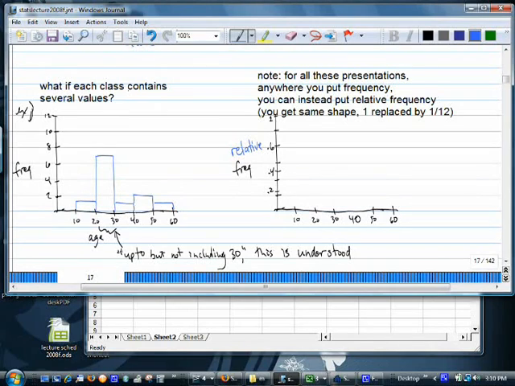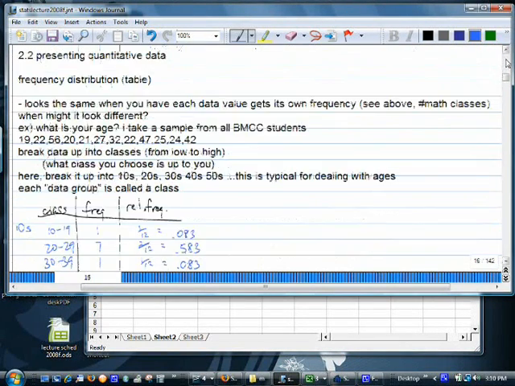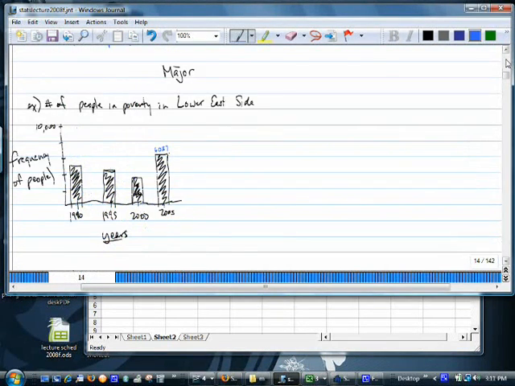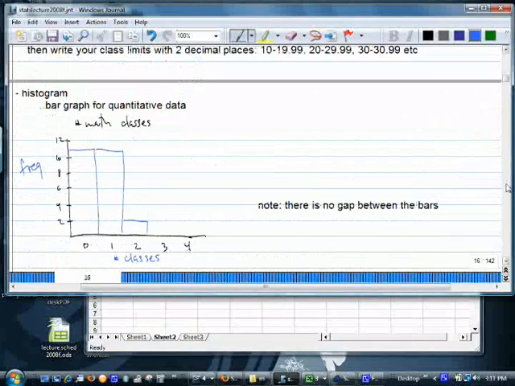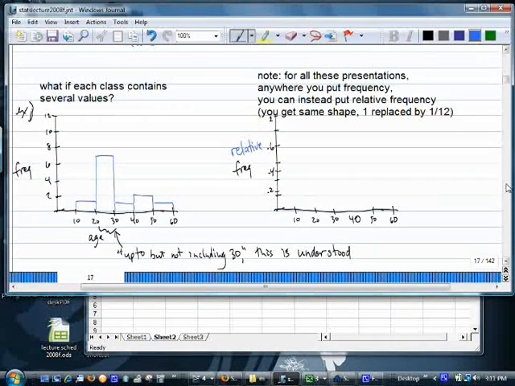Let's think about what this means. You're 17, you're 18, you're 19, and then you're 20, and then you're in the next group. These values are numbers, so there's an order to them. As soon as you leave one group, you're in the next group.